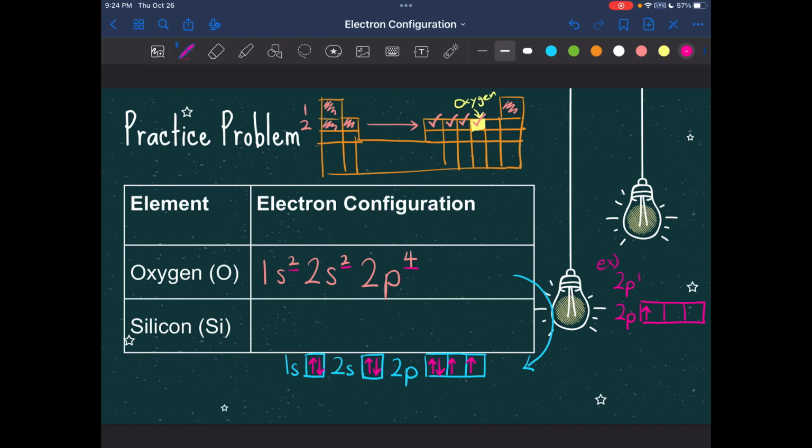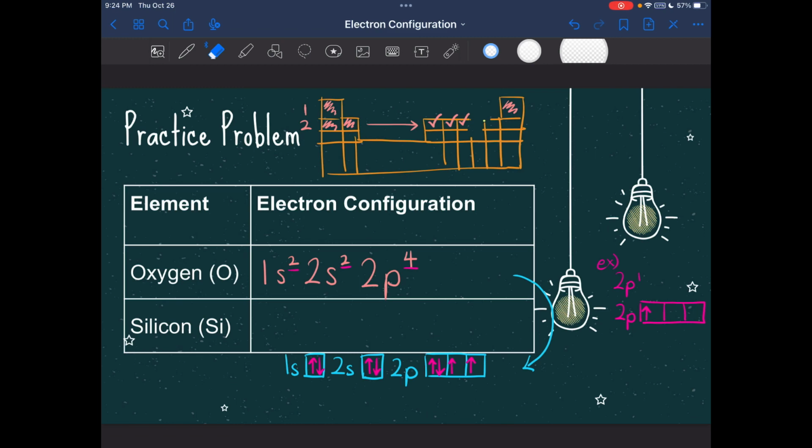Let's go on to the next one, silicon. Silicon, on the other hand, if we go to Si, I'm just going to quickly erase what we have. You got the concept.